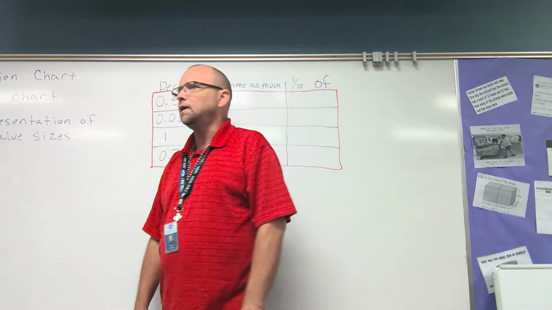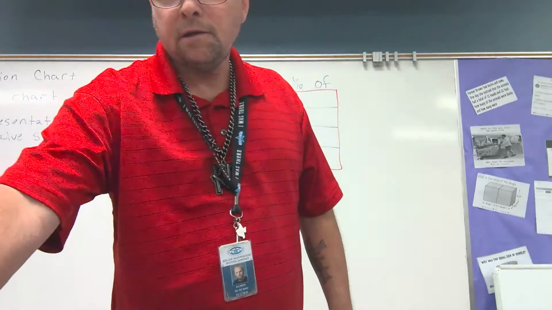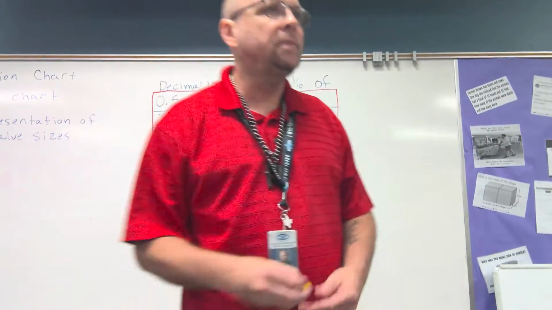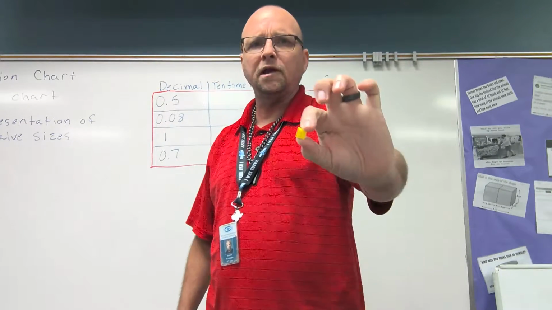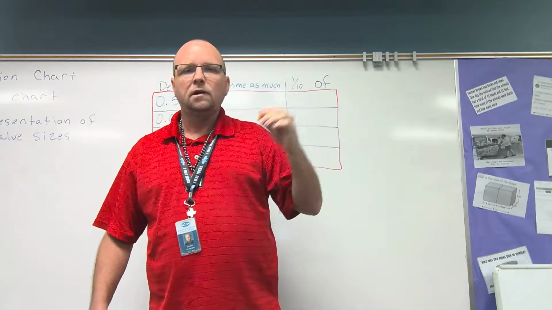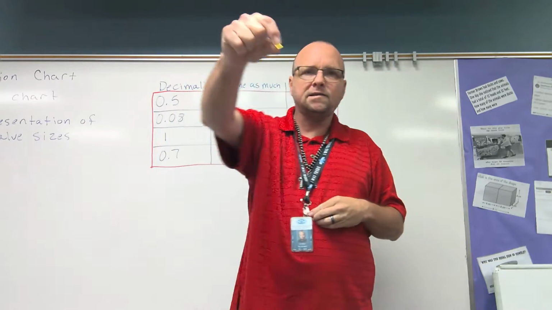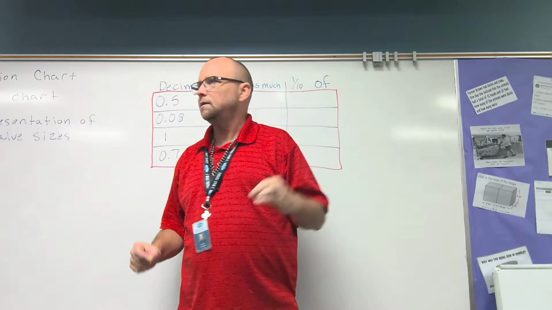We're going to talk briefly about place value. When we started talking about place value, we said this block here is worth how much? 100th. And how many of these little tiny blocks does it take to make 100th? 10.